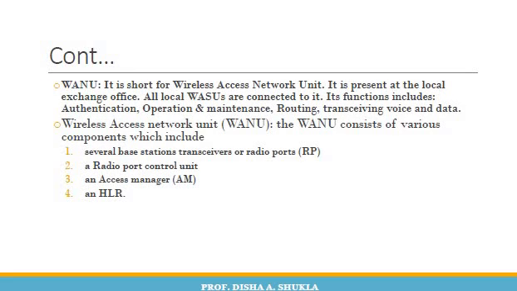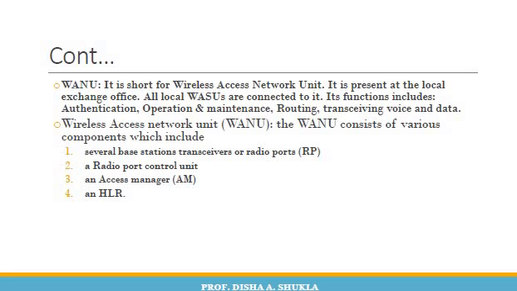So what is a WANU? It is the short form for wireless access network unit. It is present at the local exchange office, and all the WASUs, that is the home units, are connected to it. Its functions include authentication of the users, operations and maintenance.